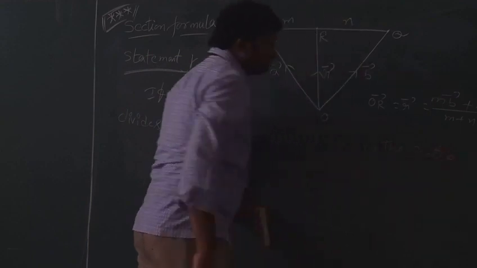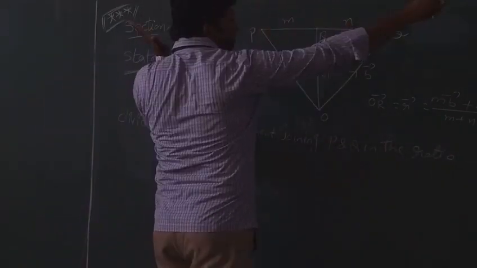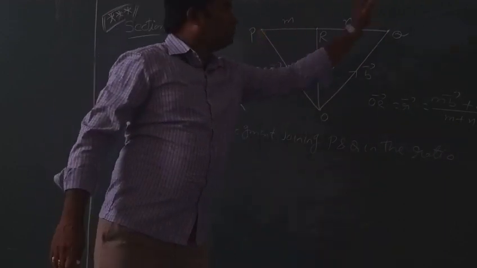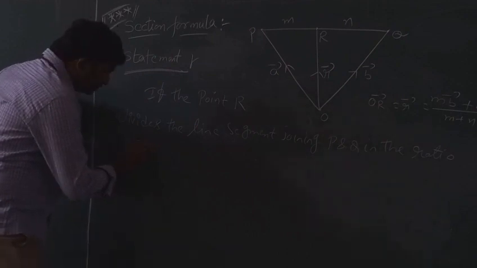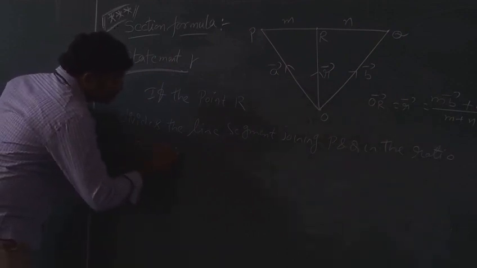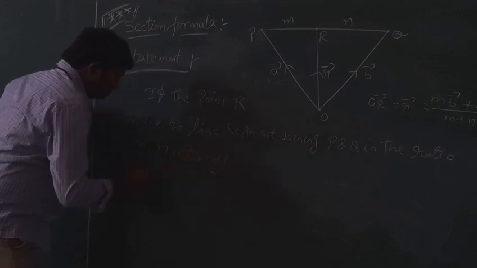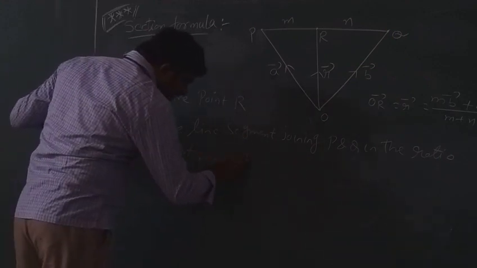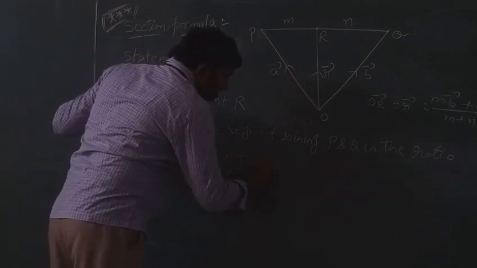This point R is going to divide the line segment joining P and Q in the ratio m is to n internally.